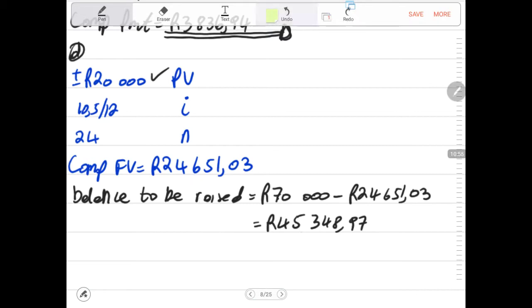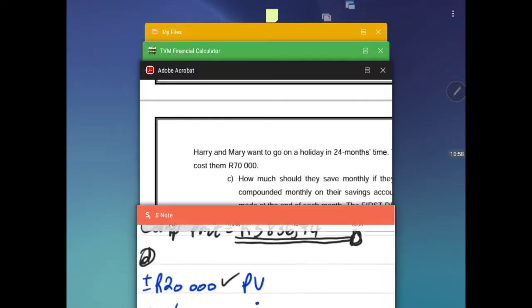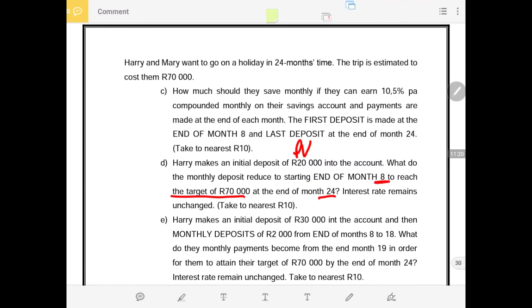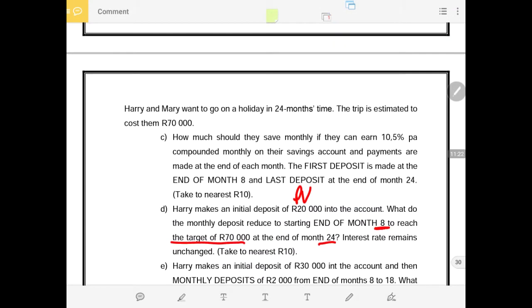We are told that they are willing to make monthly deposits, but their monthly deposits will start at the end of month 8 in order for them to reach their target of 70,000 at the end of month 24. So their monthly deposits start from month number 8 up until month number 24, as was also clearly stipulated in the previous scenario.